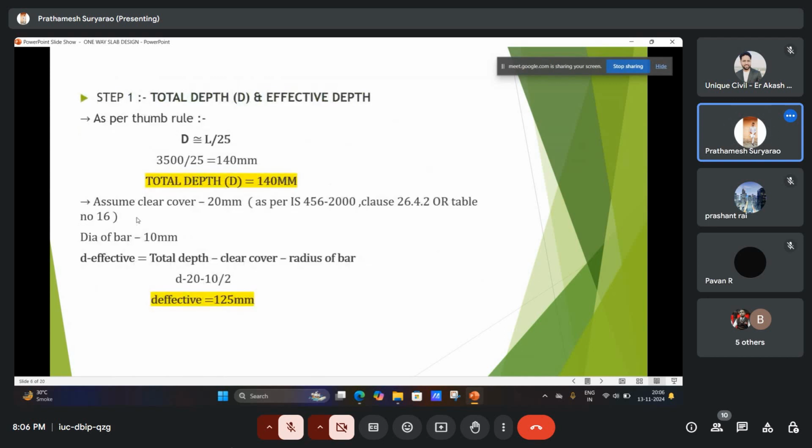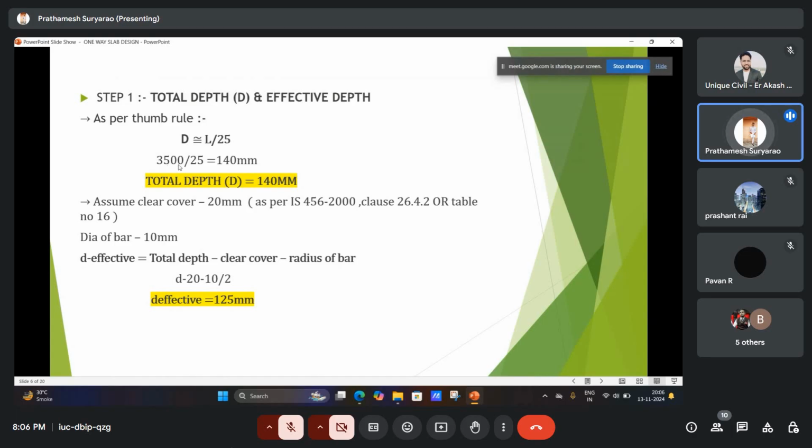Next. So first step to calculate one-way slab, we have to first calculate total depth and effective depth. So as per thumb rule, there is a formula D equals L upon 25. So L is 3.5 meter, so convert into mm.